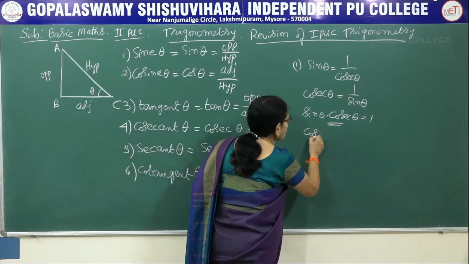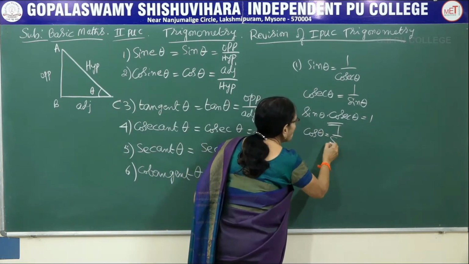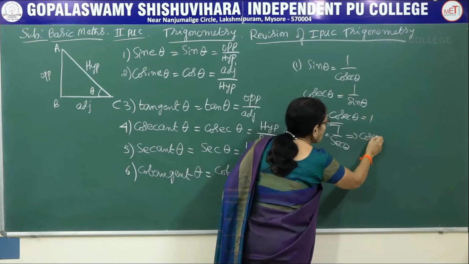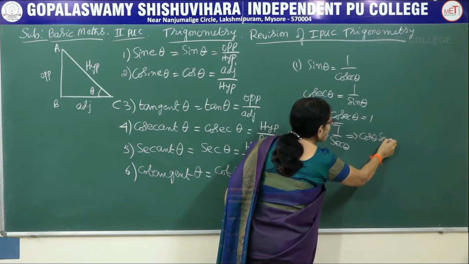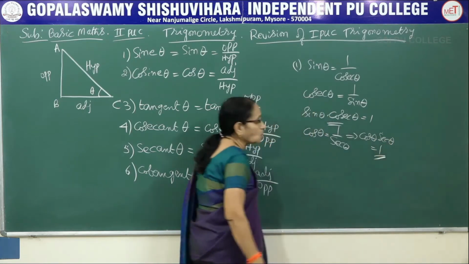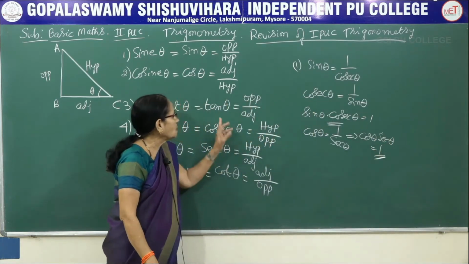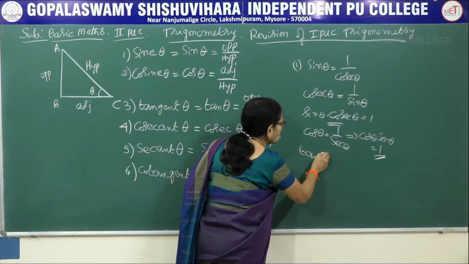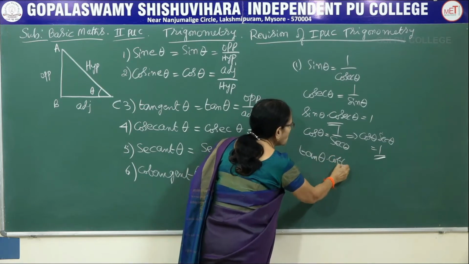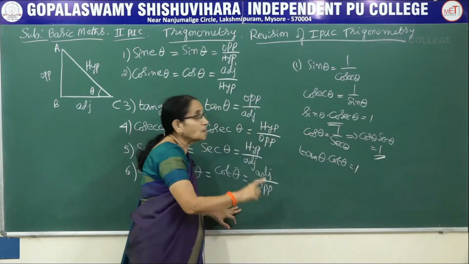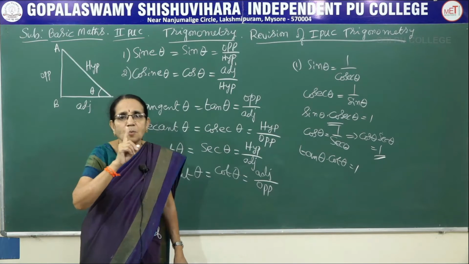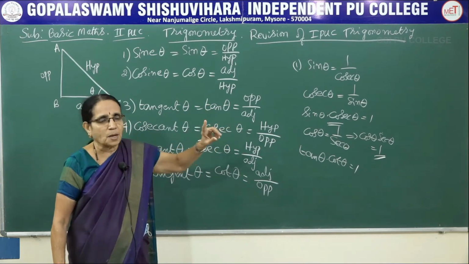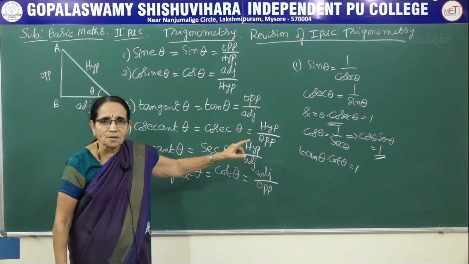So cos theta is 1 by secant theta, which implies that the product cos theta into secant theta is equal to 1. Similarly, tan theta and cot theta are also reciprocal ratios whose product is equal to 1. So these are the three pairs of reciprocal ratios. One is sin theta and cosecant theta, the first pair. The second one is cos theta and secant theta.